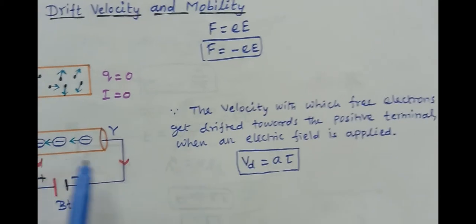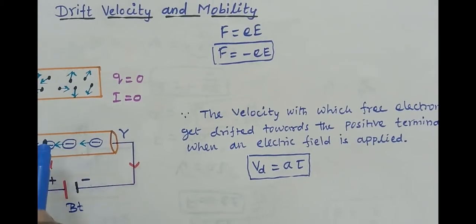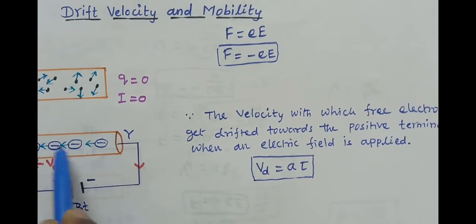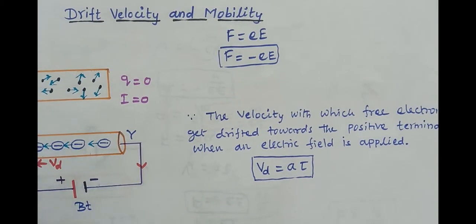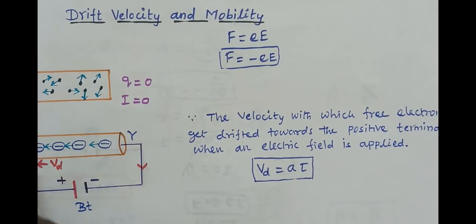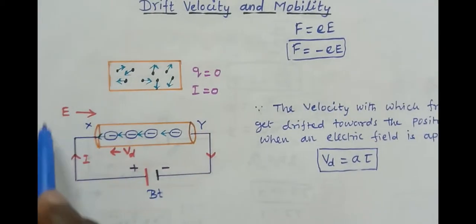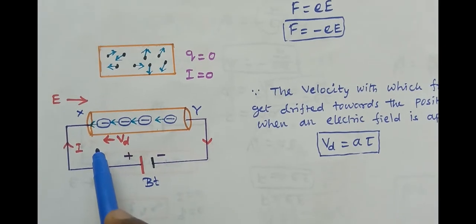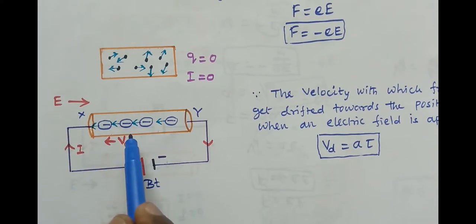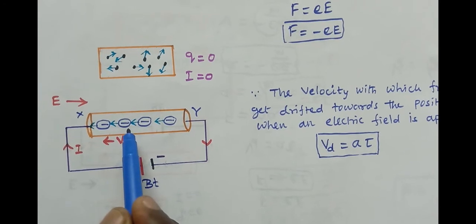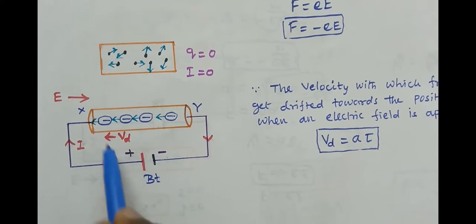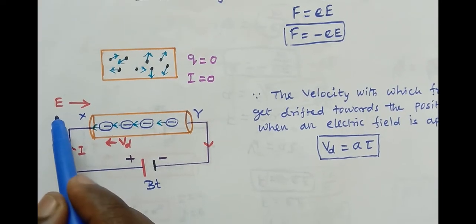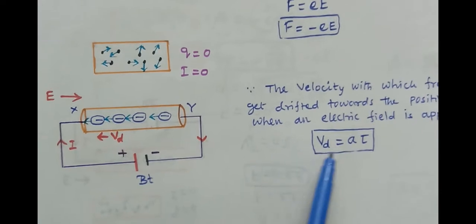Now listen, the free electrons get drifted toward the positive terminal when an electric field is applied. This is the electric field. They are slowly drifted with a constant average drift velocity Vd in a direction opposite to the electric field. Are you clear, children? Okay.